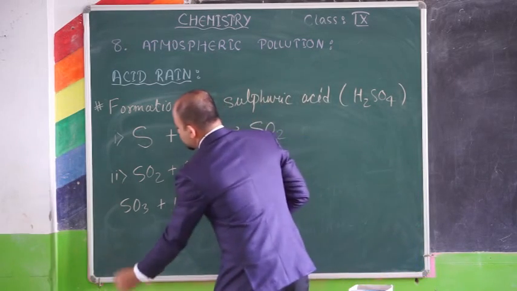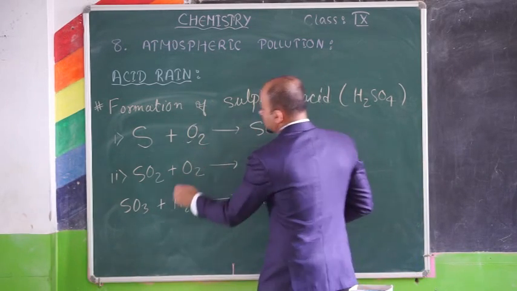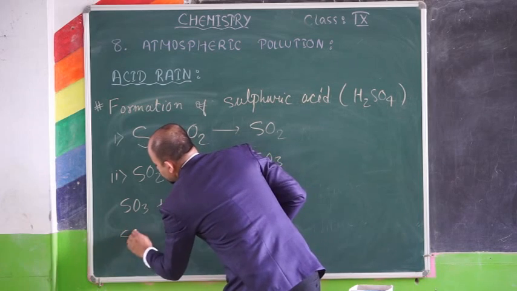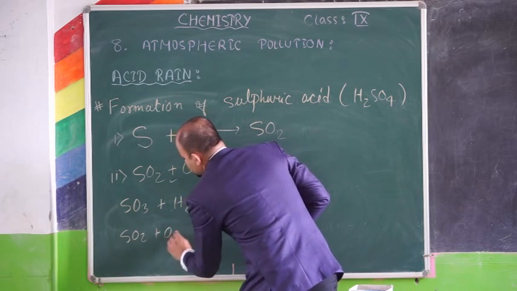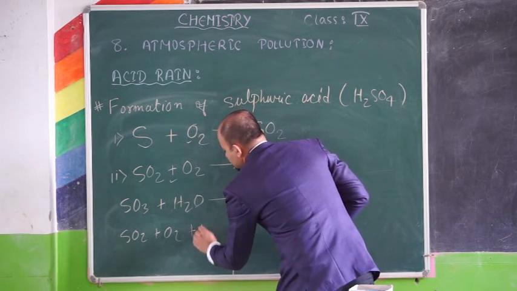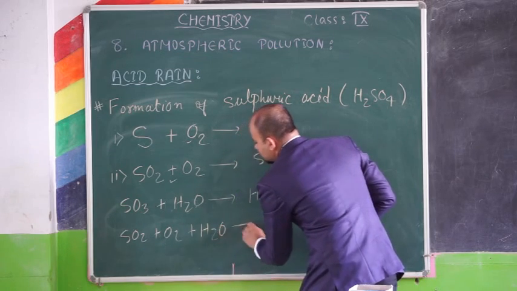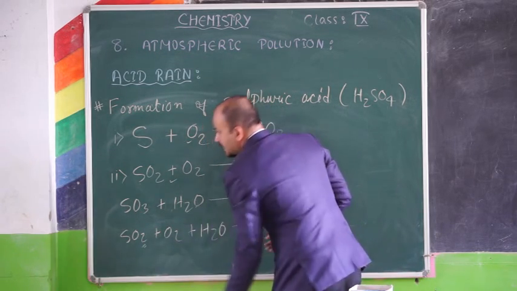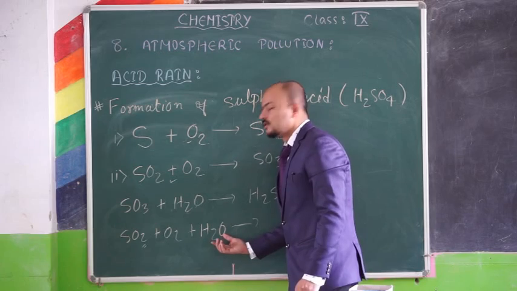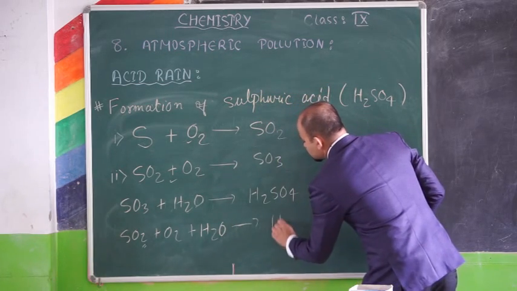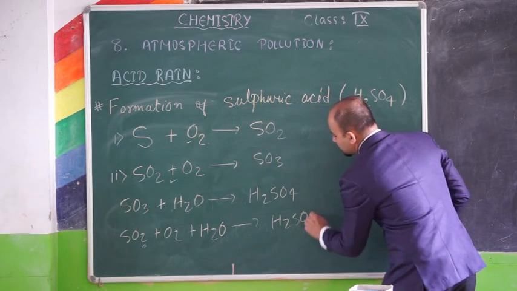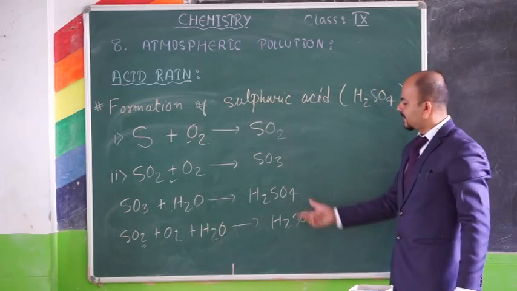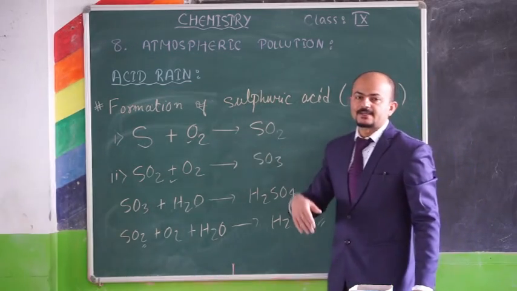Okay, and see this reaction also, SO2 plus oxygen. This can react with oxygen as well as water to give you sulfuric acid. So this is the formula for sulfuric acid, and once this is formed, then they come back as what?